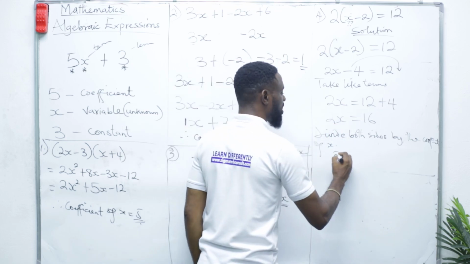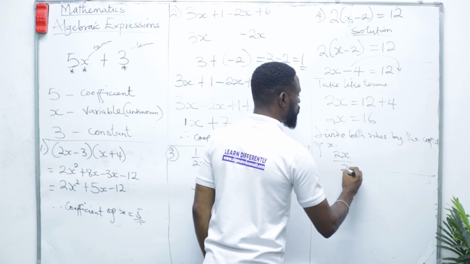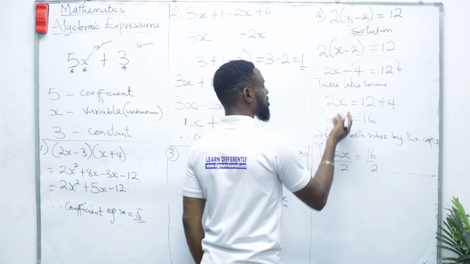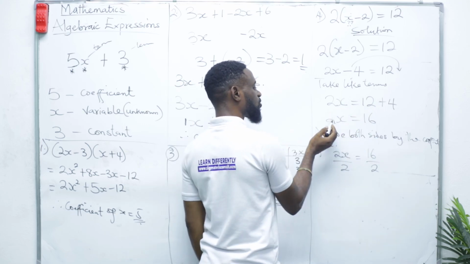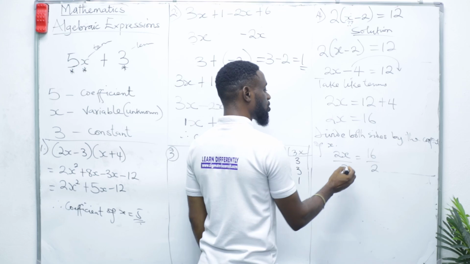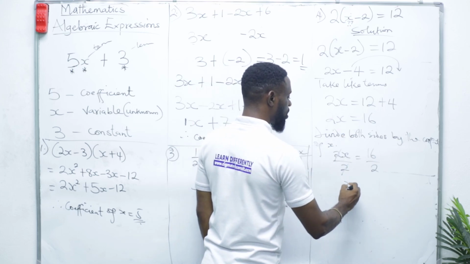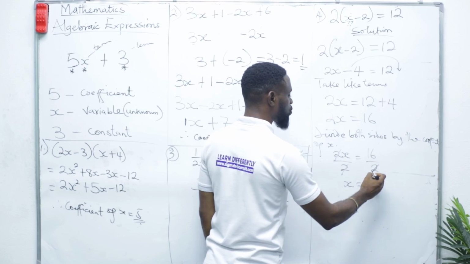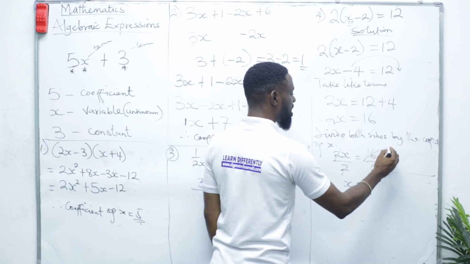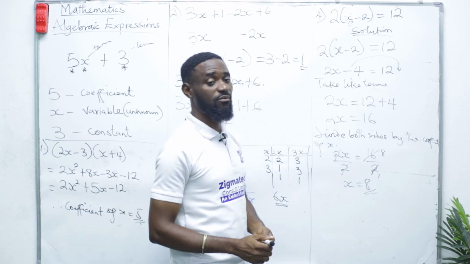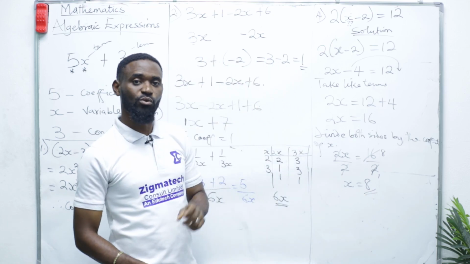So that means we will divide 2x all over 2 and 16 all over 2. We divide both sides by the coefficient of x, which is 2. So 2 here we cancel off, and we'll have x equal to 2 in 16 is 8. So x is equal to 8. So what it means is that our value of x is equal to 8.